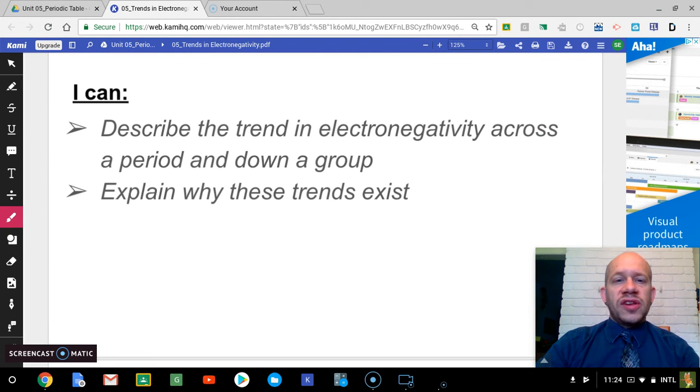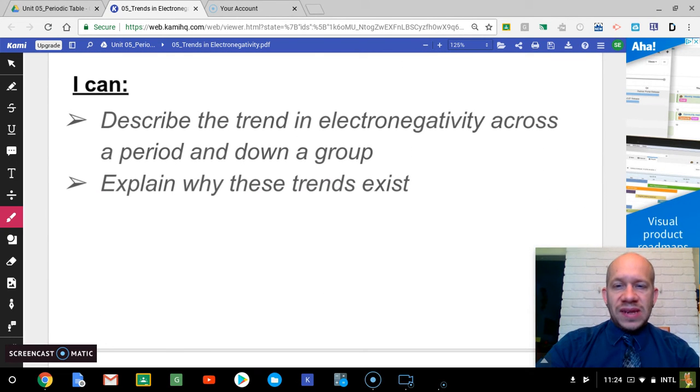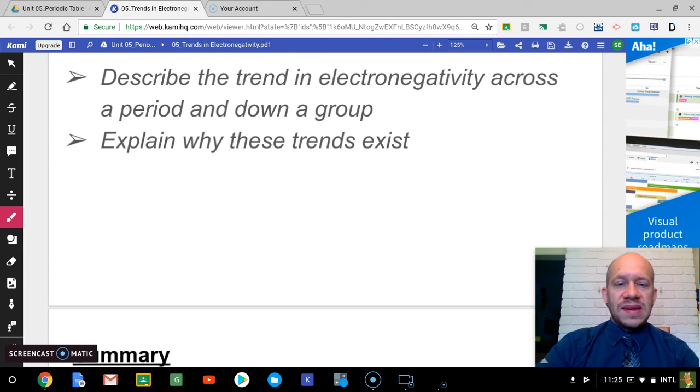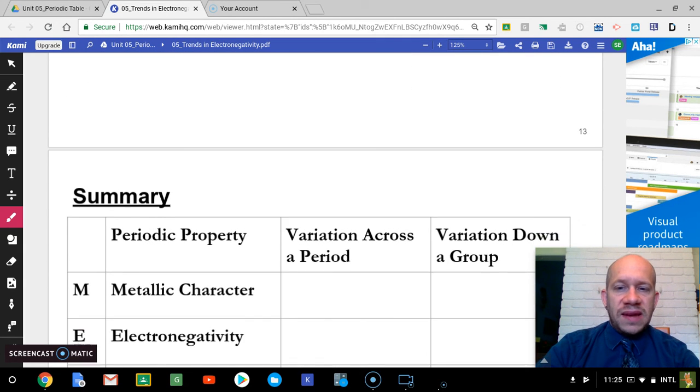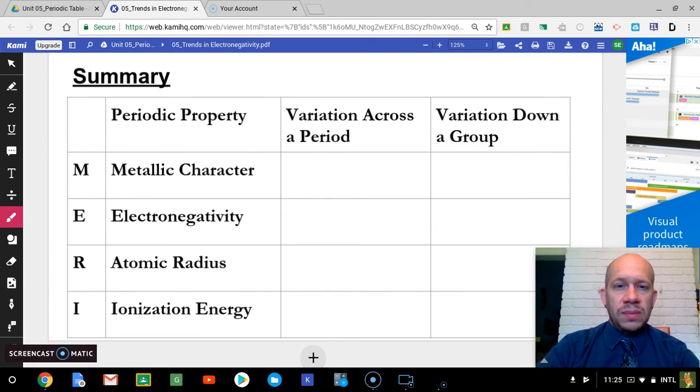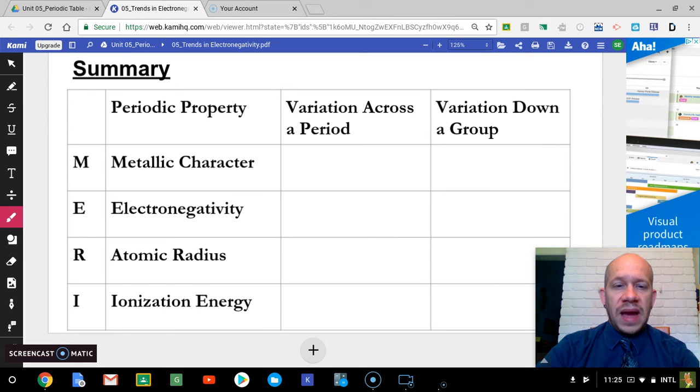And you are now able to describe the trend in electronegativity across a period and down a group and explain why these trends exist. So I also like to have this quick summary table. The way I remember it is what we call Mary. Metallic character decreases going across a period and increases going down a group.